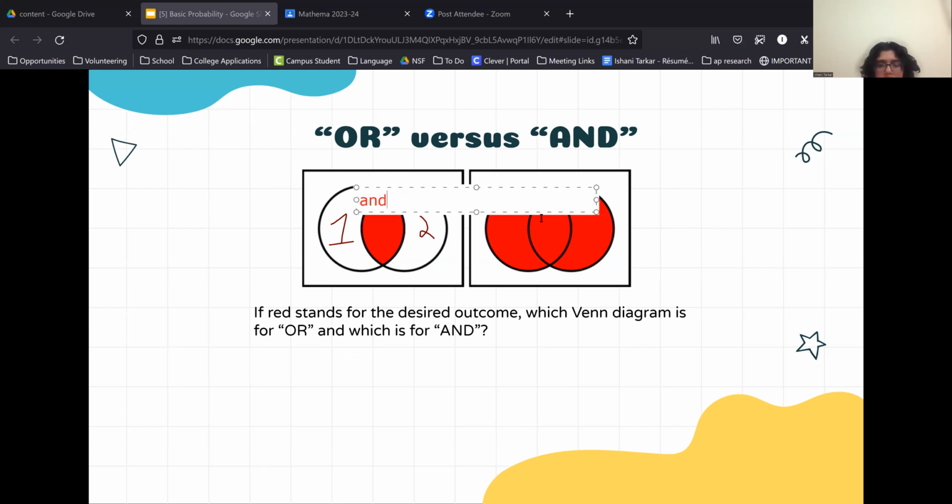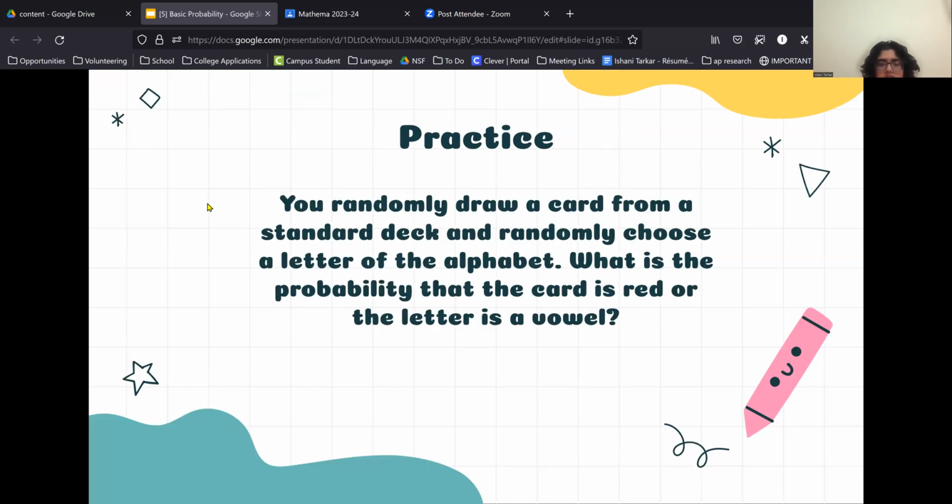So and versus or. And while it might not sound like a huge difference, right? When we look at the Venn diagram, we can see that in most cases, it will usually have a different outcome, depending on what we are asked.